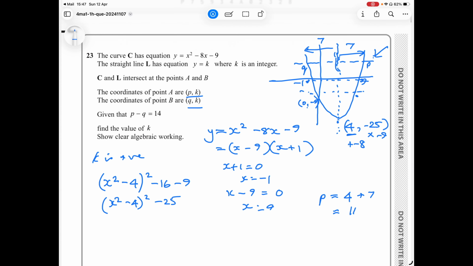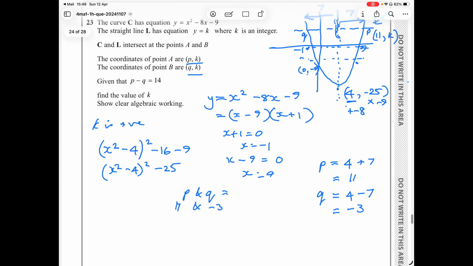We don't know what k is yet. We also know that Q equals 4 minus 7, which equals minus 3. Now, that means we know the points for P and Q equal 11 and minus 3 respectively.